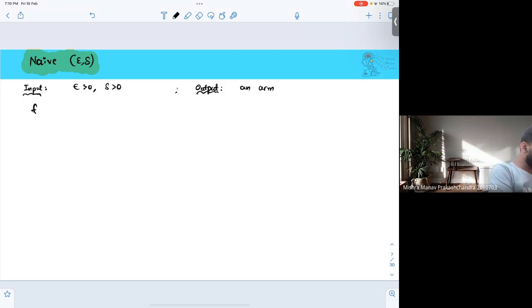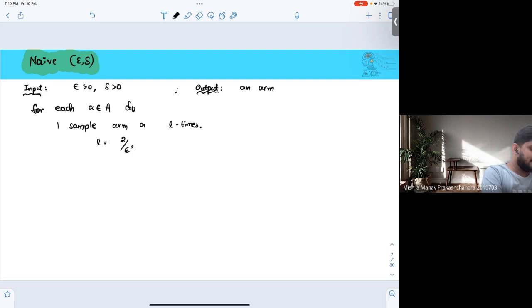So what you're doing is, for each arm in the total action space, do: I sample arm A L number of times. Okay. So here my L is equal to 2 by epsilon square ln of 2k by delta, where k is the number of arms that we have.